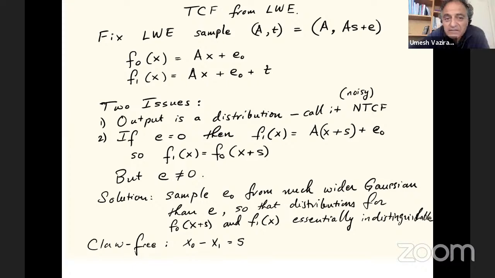Now, how do we get a trapdoor claw-free function from LWE? We fix our LWE sample A comma T. If we want to define functions F naught and F1, we let F naught of X just be AX plus E naught, where E naught is chosen randomly from some Gaussian distribution.